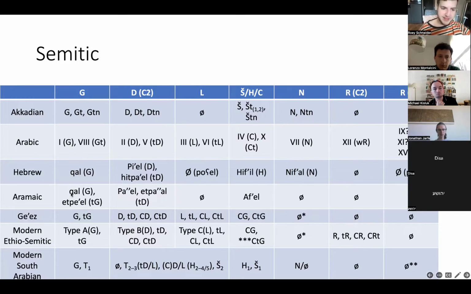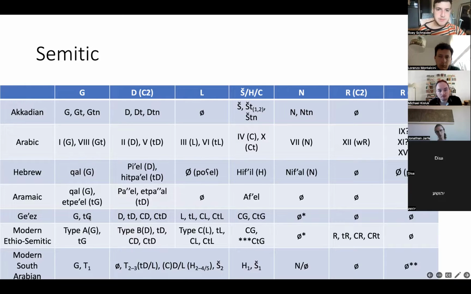In Aramaic, we have itpe'el. So this is TG. I signified it differently because in here, the T comes after the first radical, both in Akkadian and in Arabic, ibtaras, ifta'al. In Aramaic, it's before the first radical, so itpe'el. Yes, also has this TG, tefa'le.